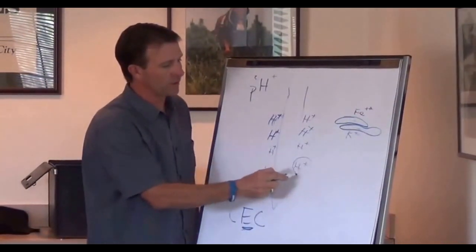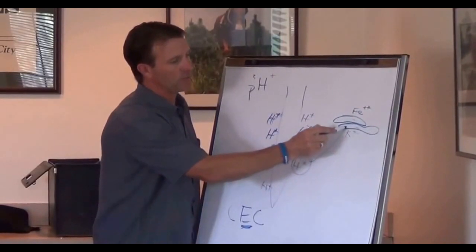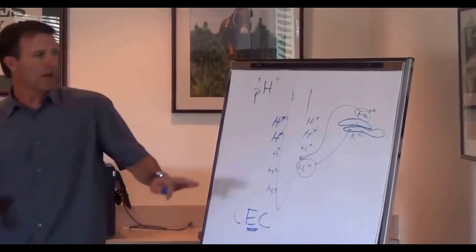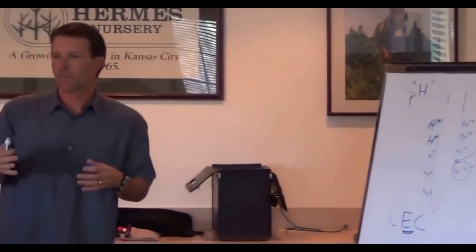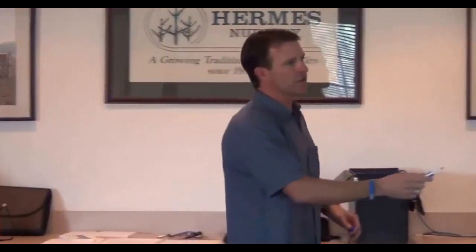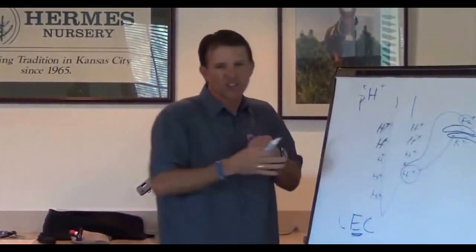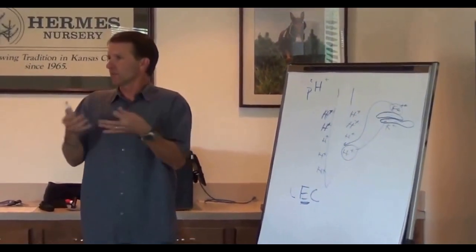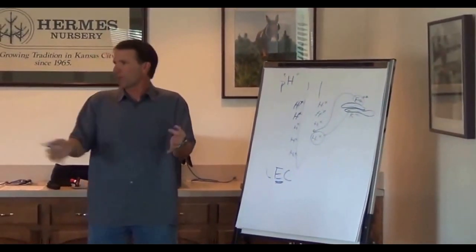That's right. You have one positive charge, it pops over here, and this iron comes back. So a lot of times you read, it becomes soluble. Because when this is exchanged, now that iron is floating around. It's in a soluble form, and the plant can pick it up.